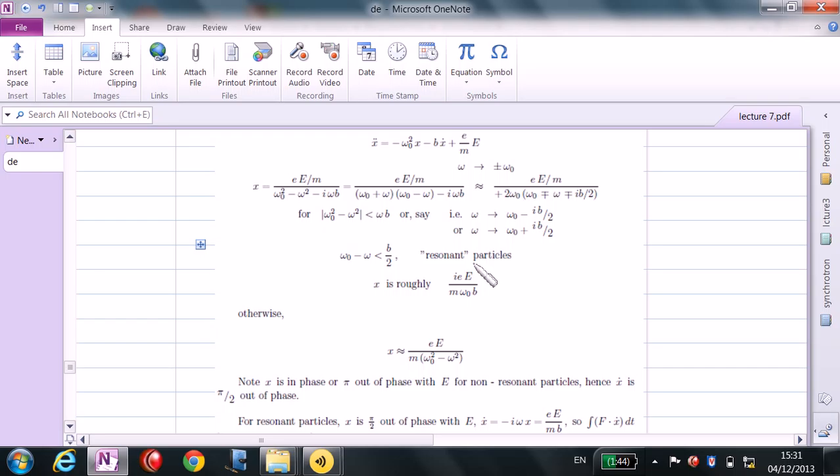If you throw them away, if you say they're 0, and at some point they became non-zero, and if you also look for e to the I omega t time dependence, what's the only way to do that?